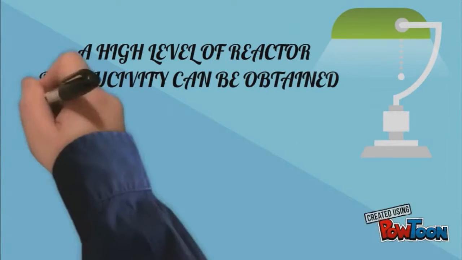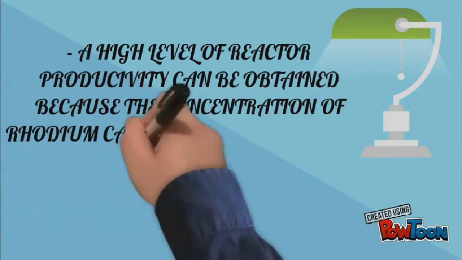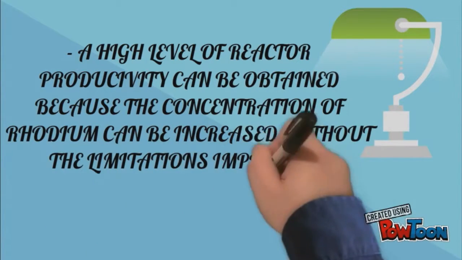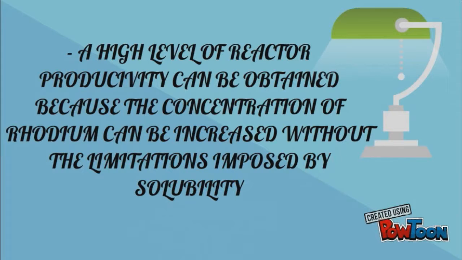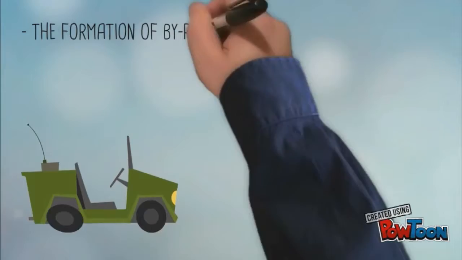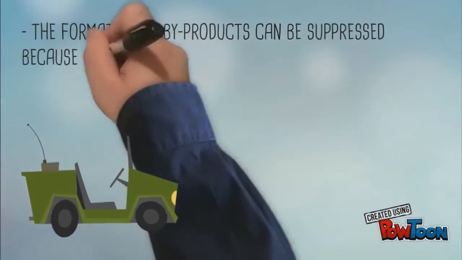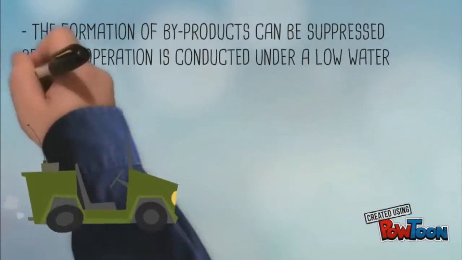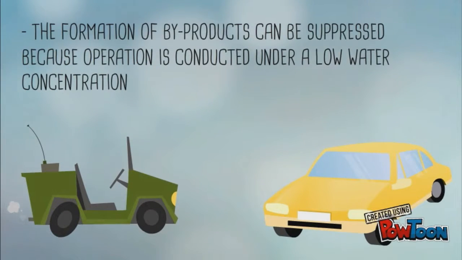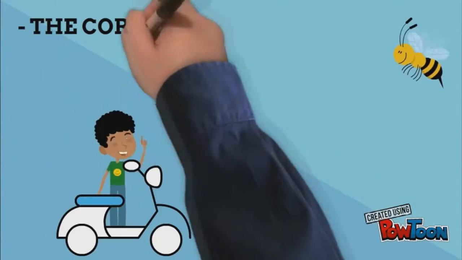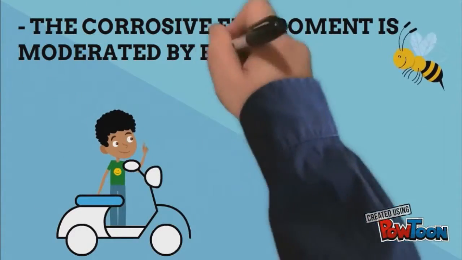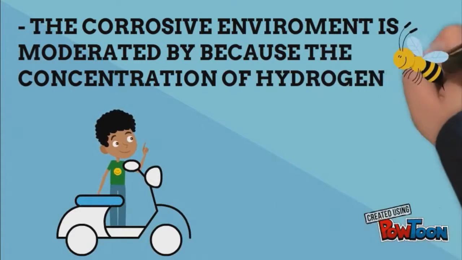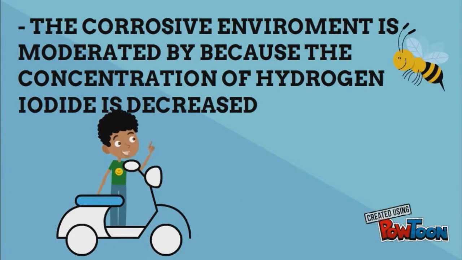A high level of reactor productivity can be obtained because the concentration of rhodium can be increased without limitation imposed by solubility. The formation of byproducts can be suppressed because operation is conducted under a low water concentration. The corrosive environment is moderated because the concentration of hydrogen iodide is decreased.